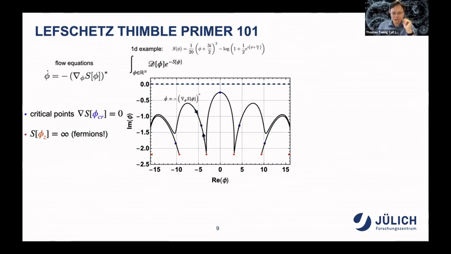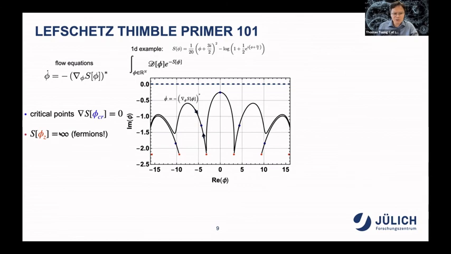So this is what's represented by these lines here. So all these points here, if you flow with this flow equation, would asymptotically approach this critical point. Same here, and same going here and here. So those are actually the definitions of the thimbles themselves.